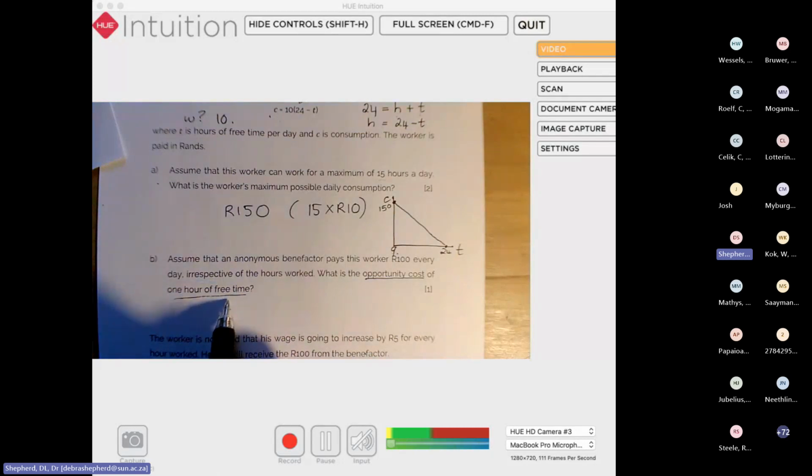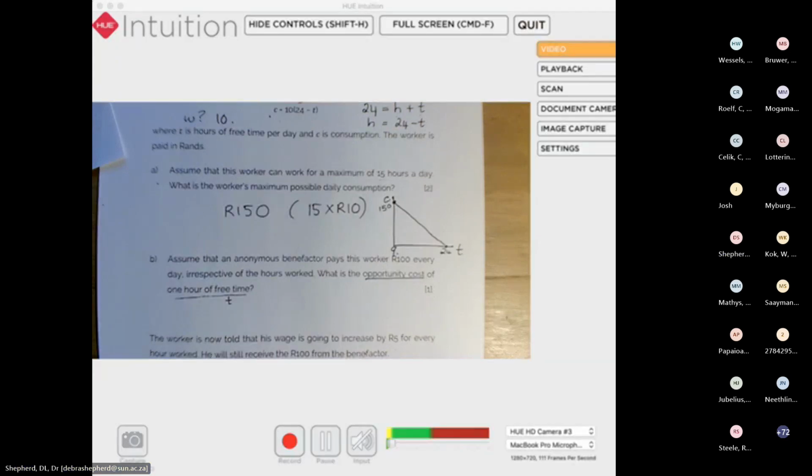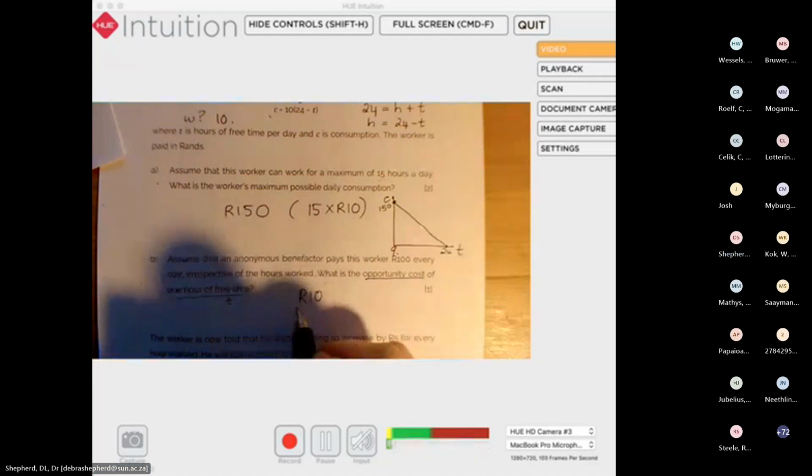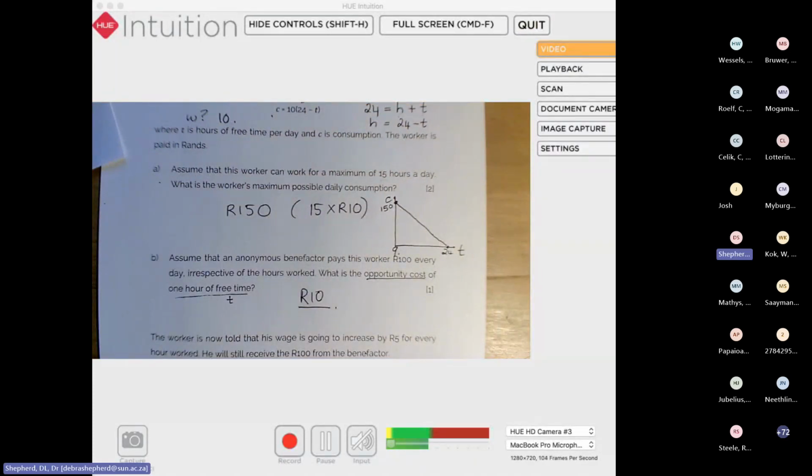So if you consume an hour of free time, what do you give up? So if you consume 1 hour of free time, you're going to give up 10 Rand, the wage that you could have earned in that hour.